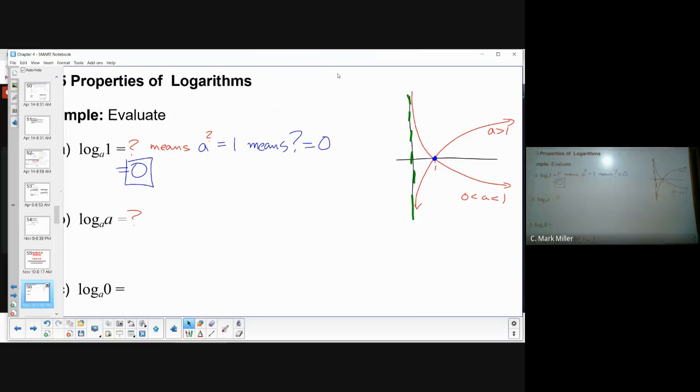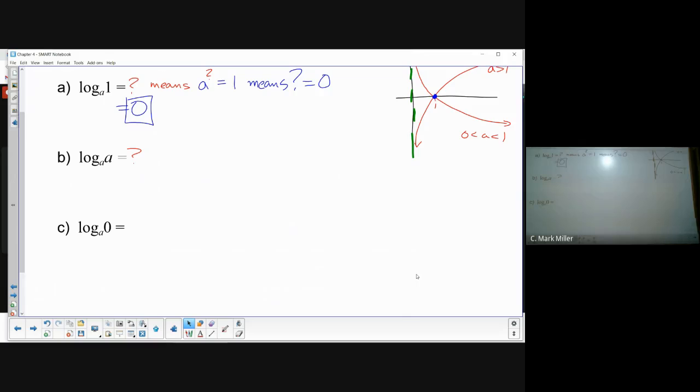Here we are. So log base A of A, well, what does that mean? It means A to the question mark power equals A. Sorry about that, typo.